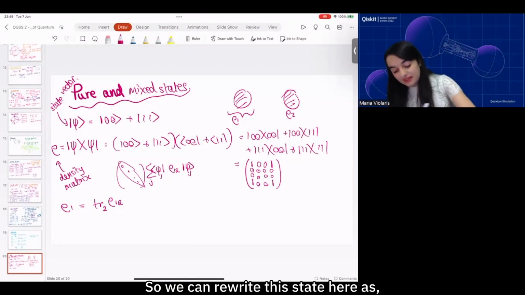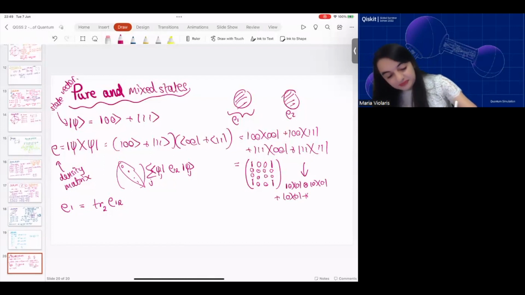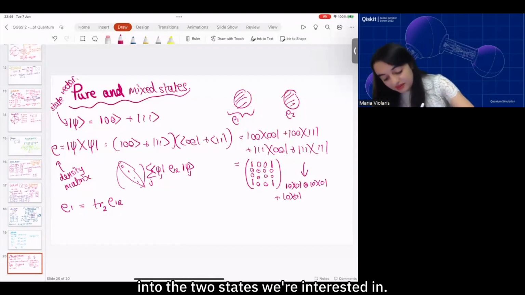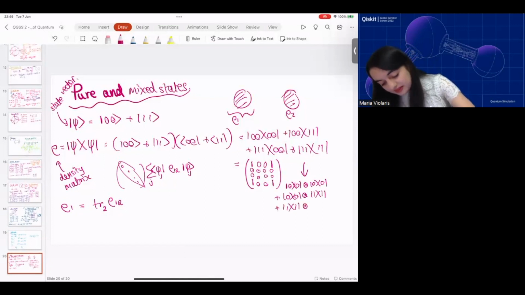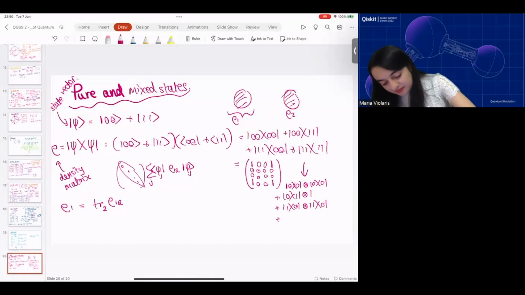So we can rewrite this state by separating out each term into the two states we're interested in. Sorry, that's 1, 0 tensor 1, 0, and this one should have been 0, 1 tensor 0, 1.